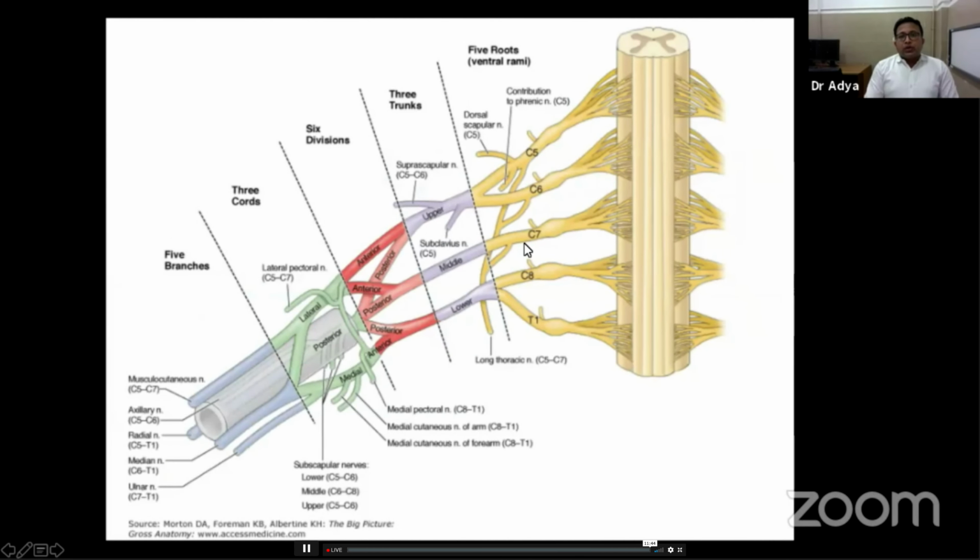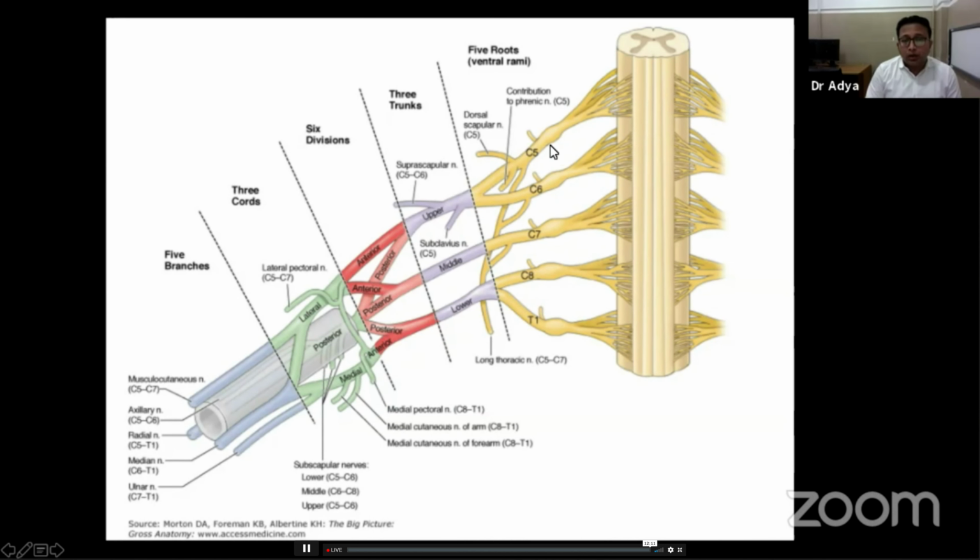Now, the brachial plexus is formed by these anterior or ventral rami of C5, C6, C7, C8, and T1 nerve roots. In a few cases, it may include C4 nerve root, when it is called a prefixed brachial plexus, or it can also include a T2 nerve root, in which case it is known as postfixed brachial plexus.